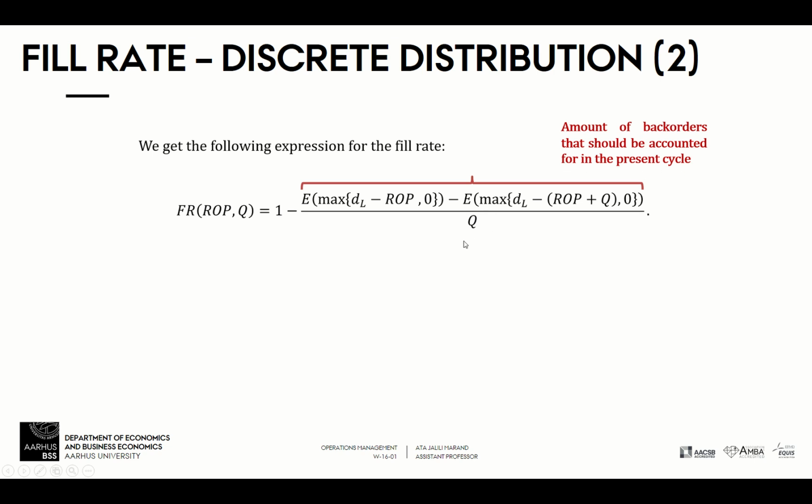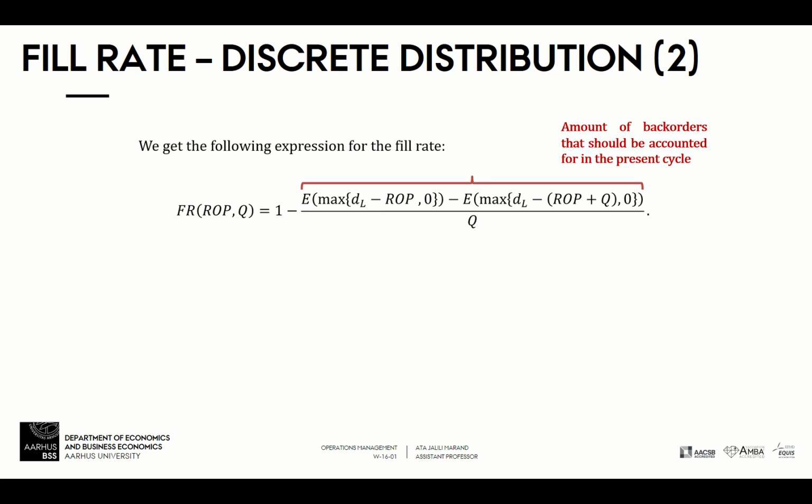And then we divide it by the expected demand in a cycle. So it will give us the fraction of the customers who are not immediately satisfied in an inventory cycle.